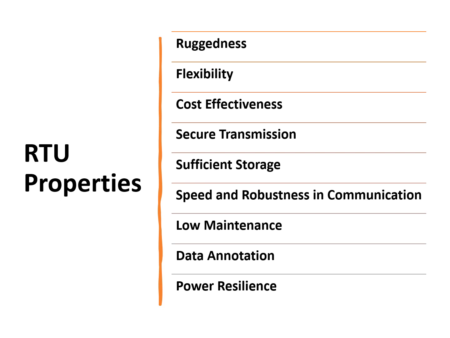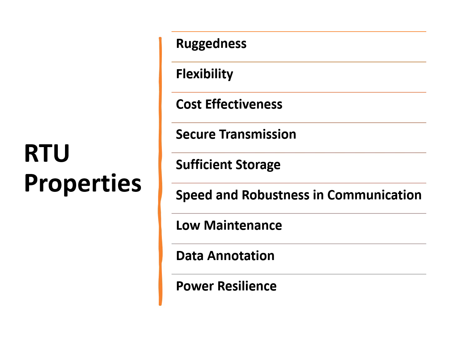An RTU must have sufficient storage capability to be able to process data in cases of communication downtime and processing delay. Speed and robustness in communication. An RTU must be configured with a robust communication capability. In addition, a high communication speed is desirable for real-time processing.